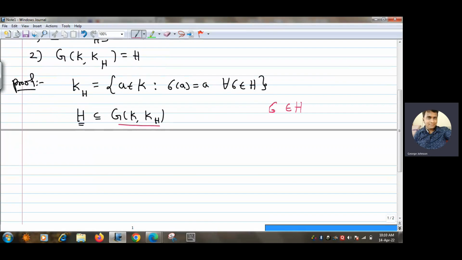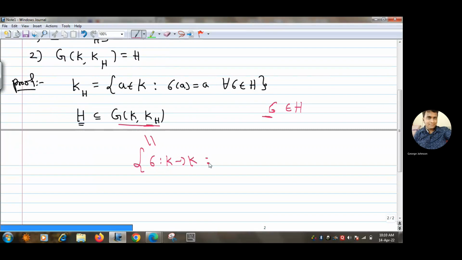K_H. The definition of G(K,K_H) is all those automorphisms sigma from K to K such that sigma fixes every element of K_H.